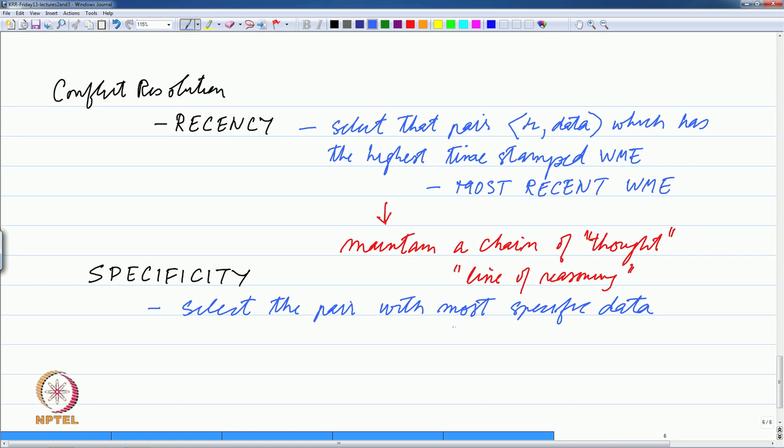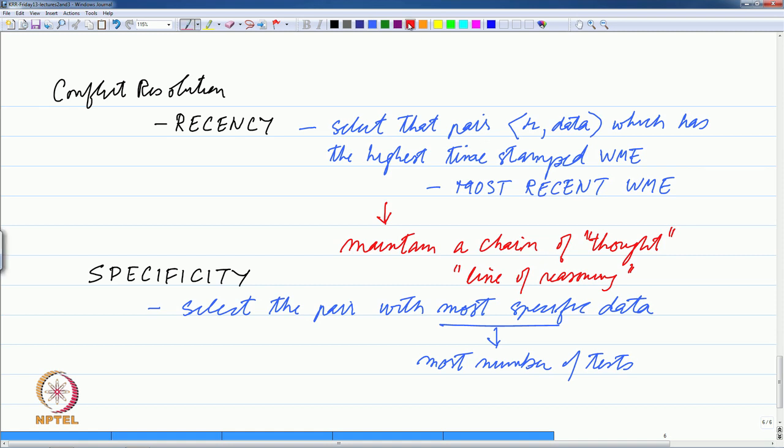And what do we mean by this? We basically mean most number of tests. So, select that rule which is looking at more data for deciding whatever action has to be done essentially.